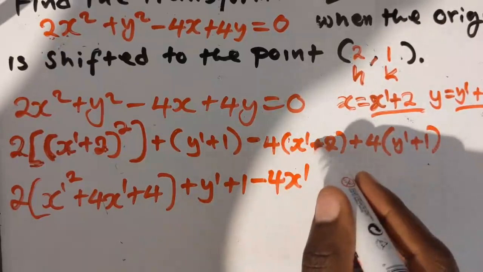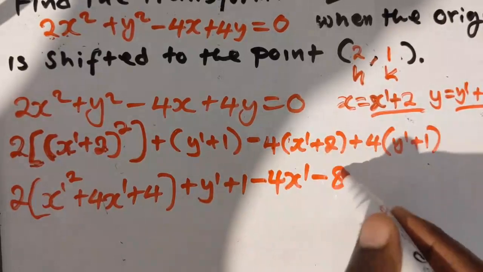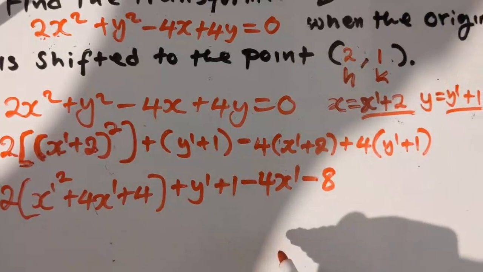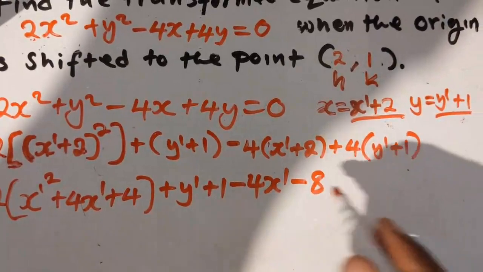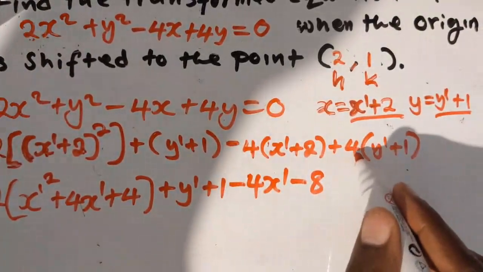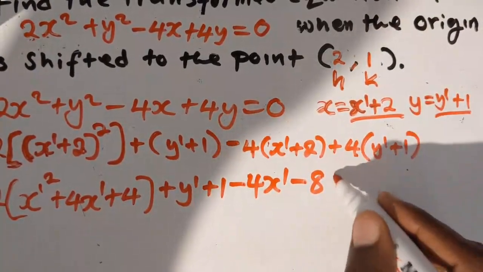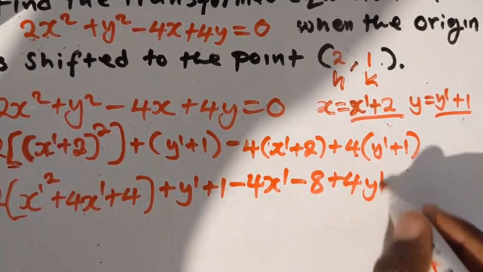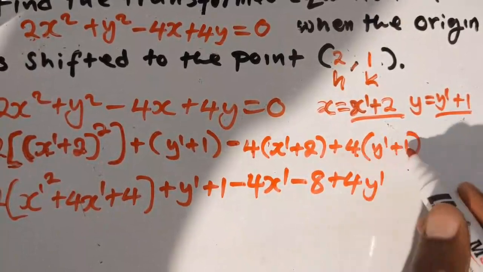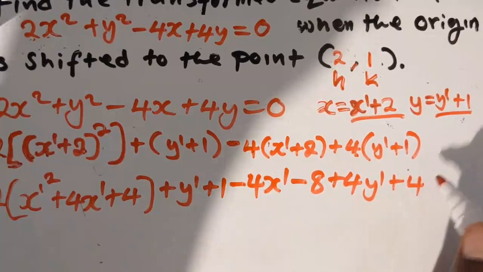Negative times positive, you're going to have a negative. Then 4 times 2, you're going to have 8. Okay, make sure that you are doing this because you won't make a mistake as you are doing that. So when you come to this one, this is positive 4y, positive 4 times y, you're going to have positive 4y prime. 4 times 1, you're going to have positive 4.